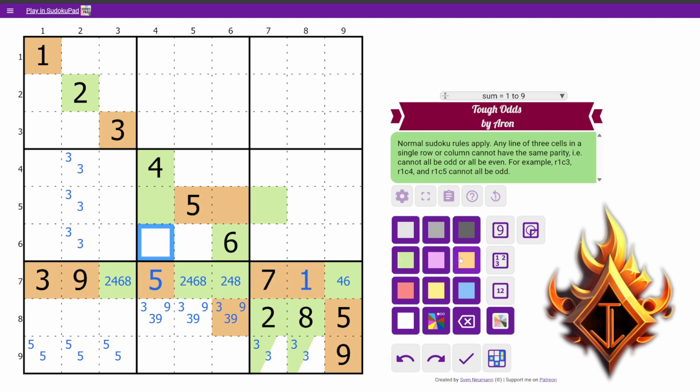And now this one will be odd. Now this one will be even. Now this one will be odd, because it will have to be, so those will be 3, 9. This will be 4, this will be 6.